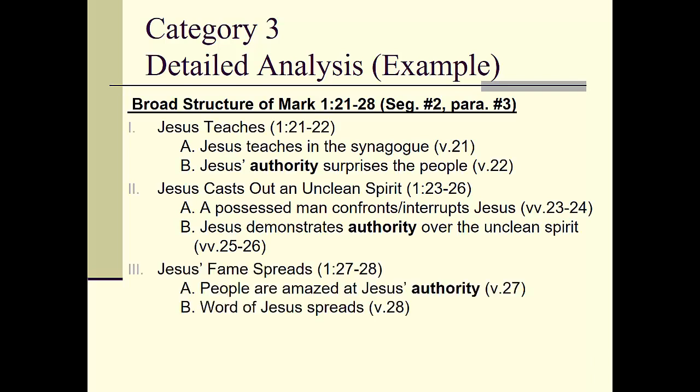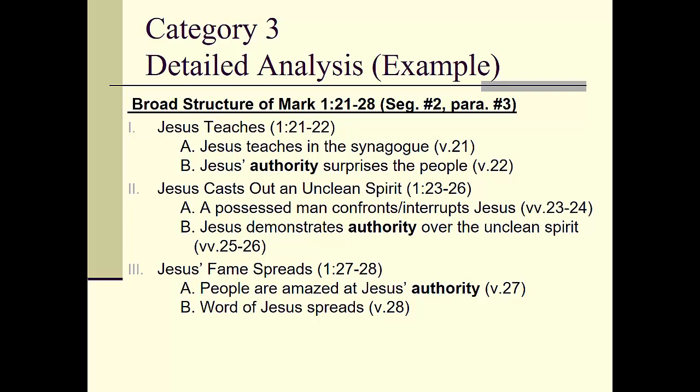Here we have then an outline for Mark chapter 1, verses 21 to 28. That is one paragraph, namely it's paragraph number 3, that happens to be located in segment number 2. Don't get lost in the paragraph numbers and segment numbers, just notice that it is in fact one paragraph.